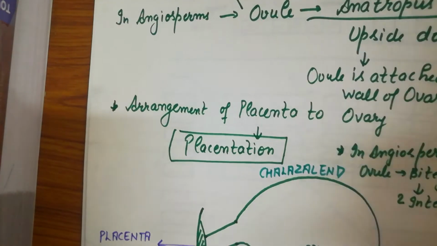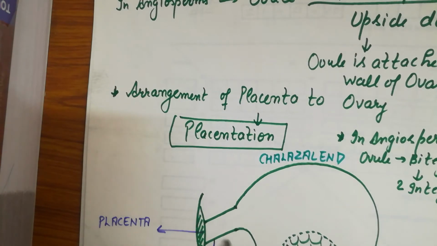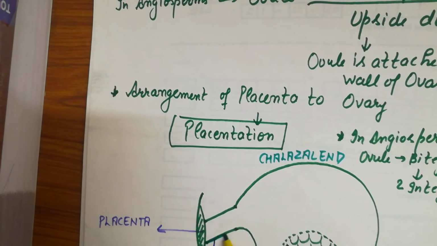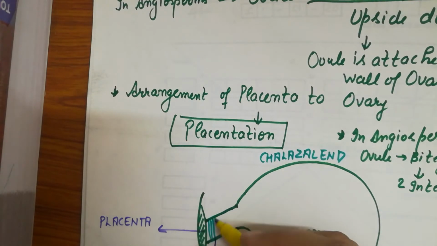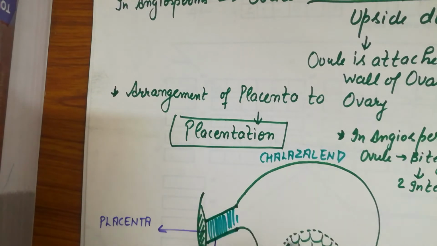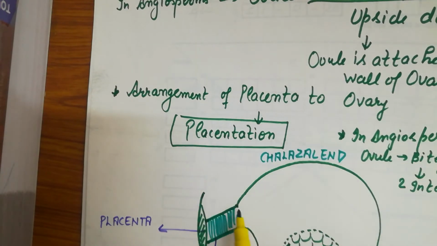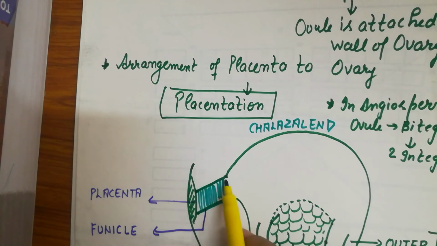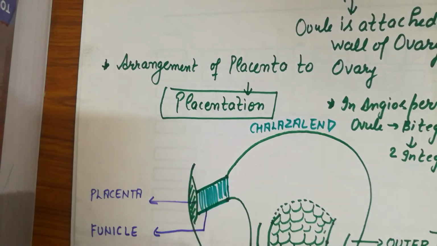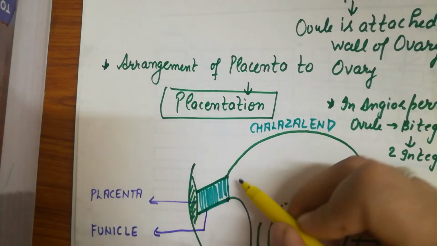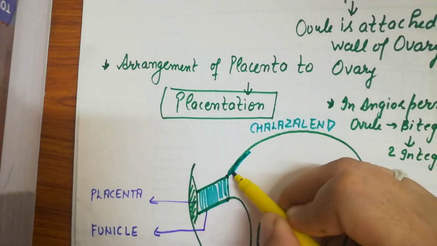Now, there is another point: this is the tissue of the funicle. Now, we can label it, right? This tissue of the funicle is sometimes stretched over the body, up to this portion.